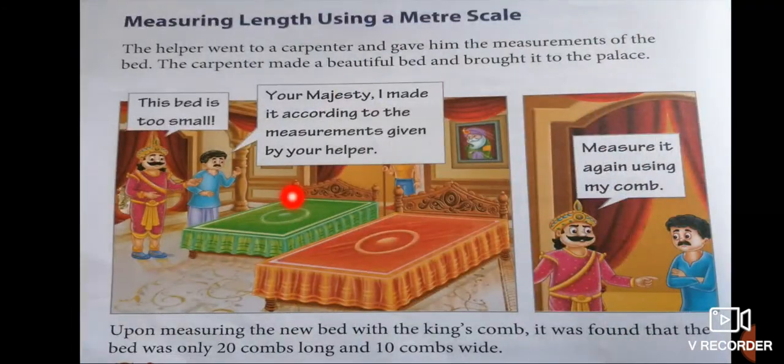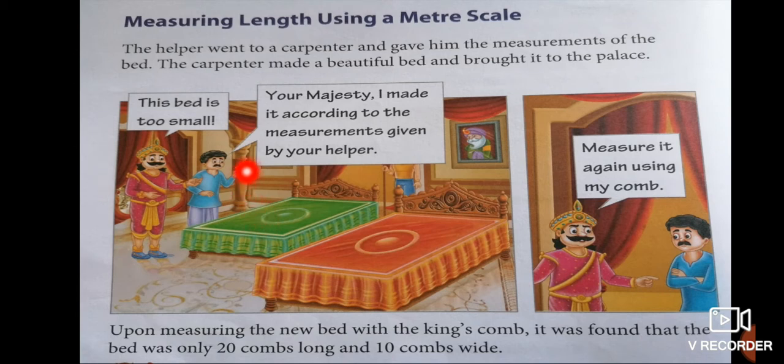Then the helper went to a carpenter and gave him the measurements of the bed. The carpenter made a beautiful bed and brought it to the palace. King Aditya compared the two beds, and King Aditya said, this bed is too small. This is the new bed. This bed is too small.